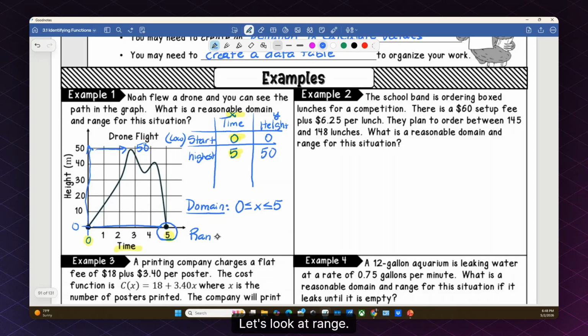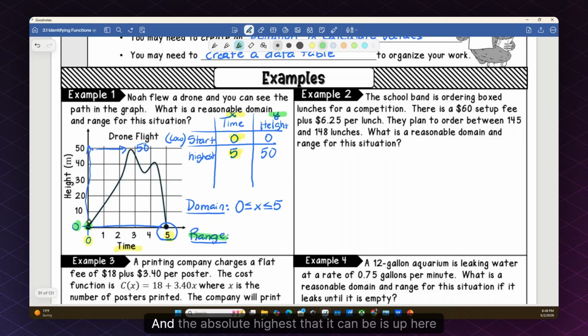Let's look at range. And so remember, range is going to be my y. So we're looking at starting down here, and the absolute highest that it can be is up here at 50. And that's what we wrote here. We wrote 0 is my low and 50 is my high.